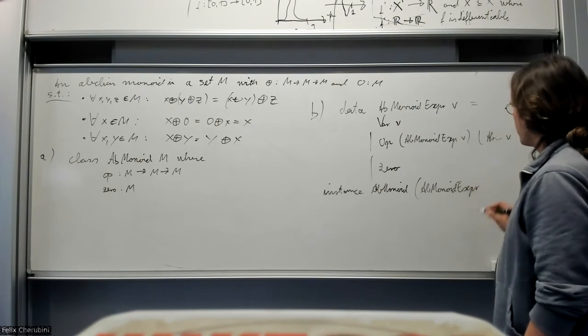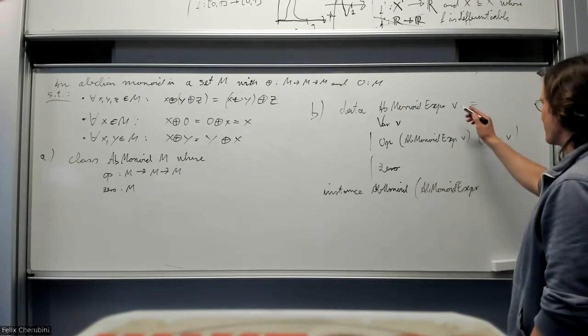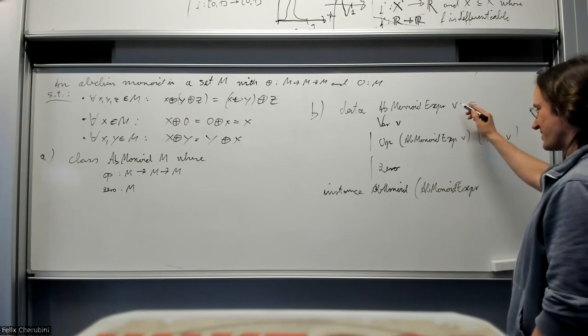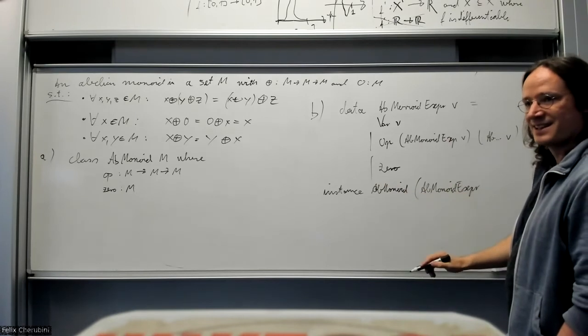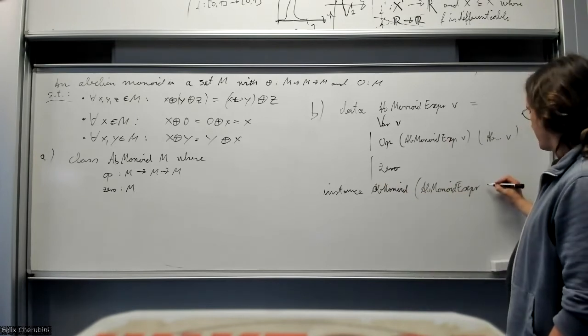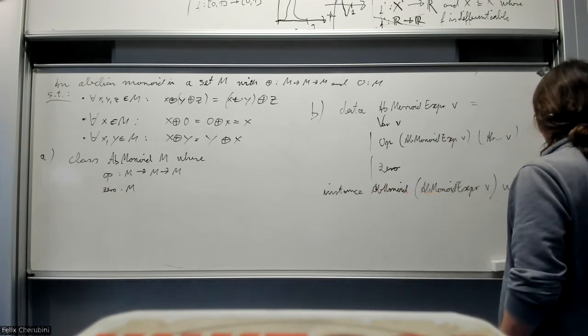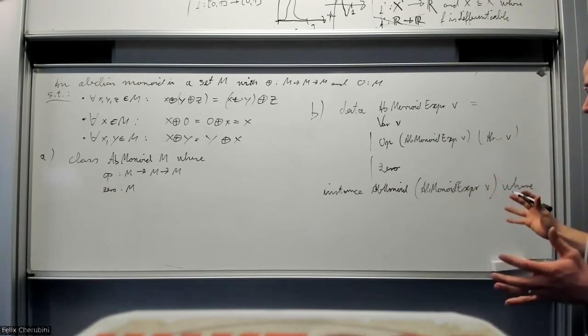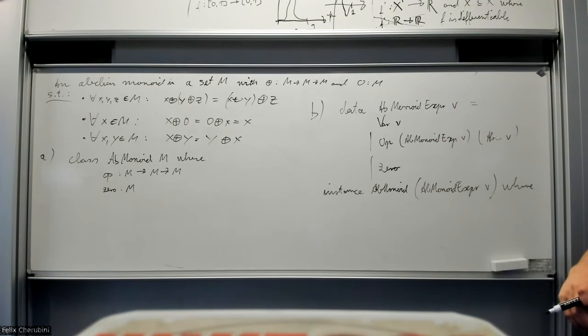I'm slightly unsure about the Haskell syntax. Where do I put my type argument? Probably here. You put it after the expression, I think. Yeah, keep it. I don't declare it. Okay. Good. Thanks.